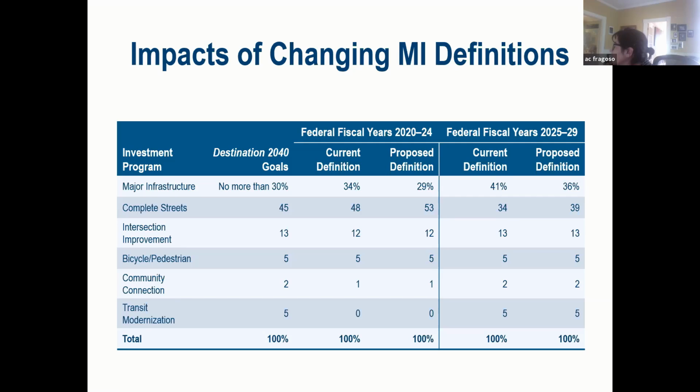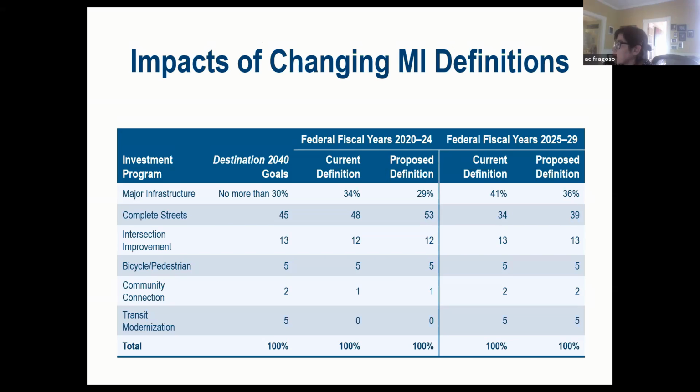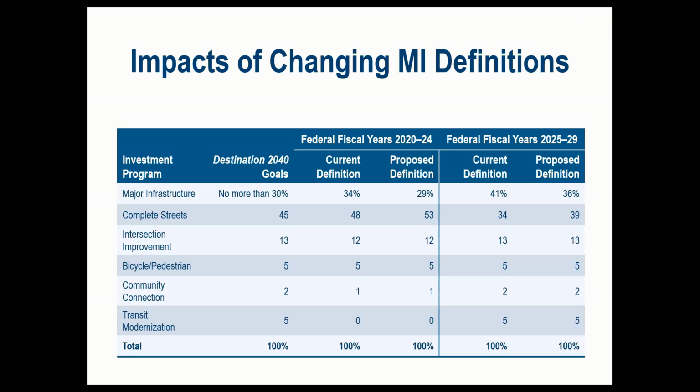The goals and objectives were developed by the MPO as part of Destination 2040. And those goals and objectives are the basis for the scoring criteria for both the LRTP and the TIP. Okay, that was it. Thank you.